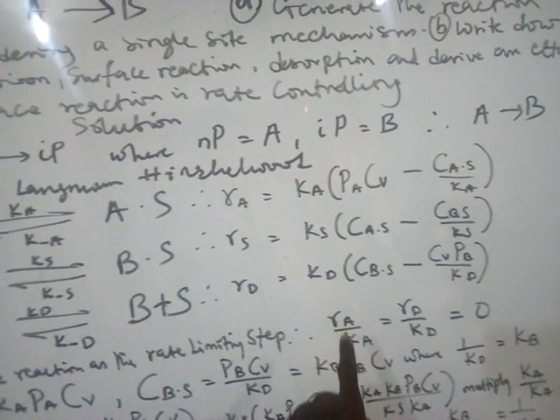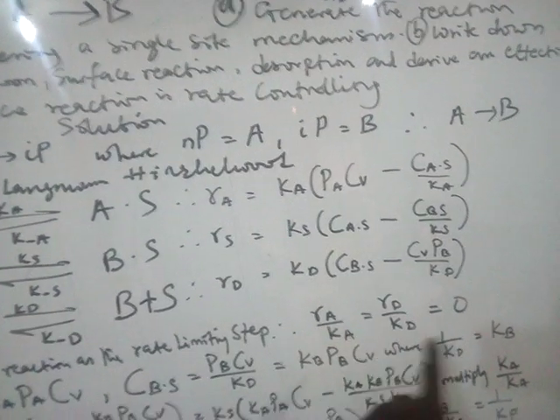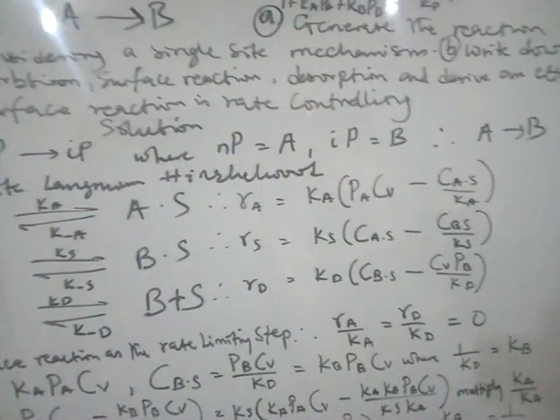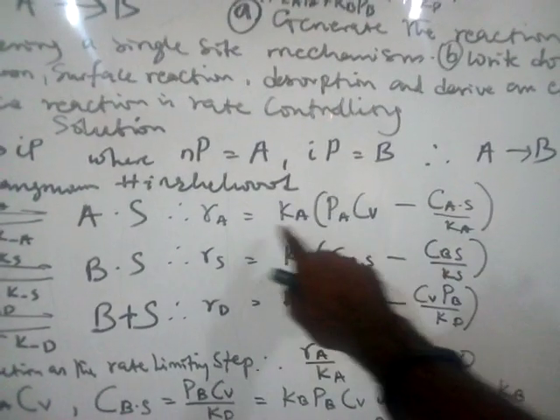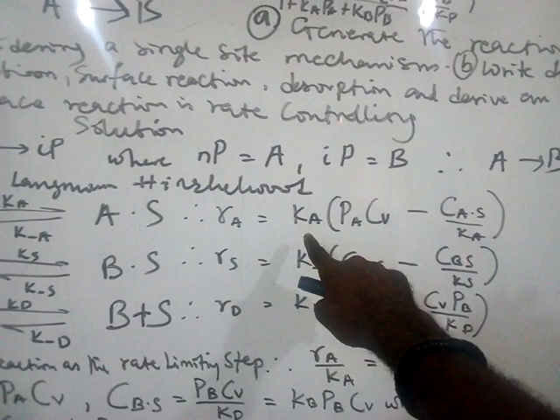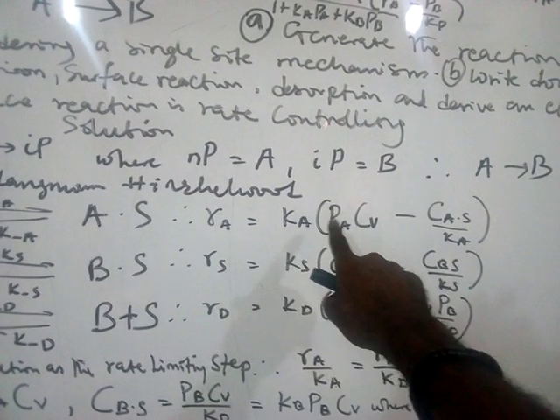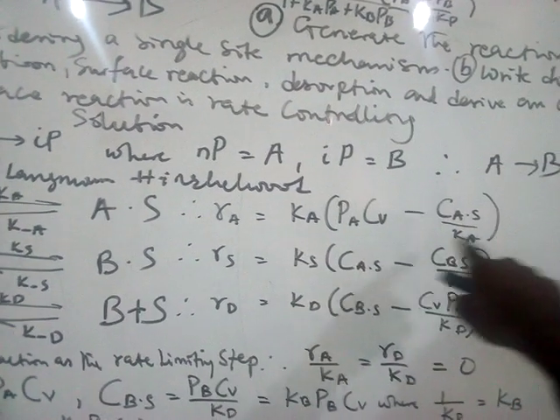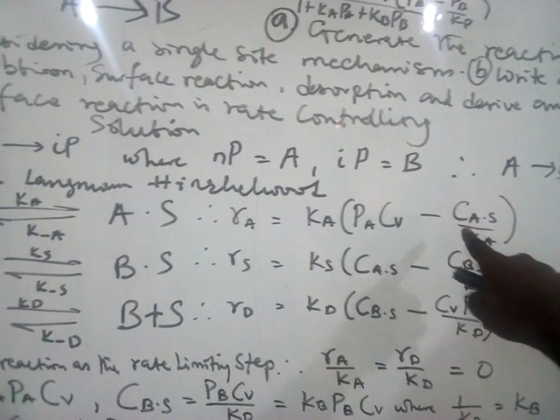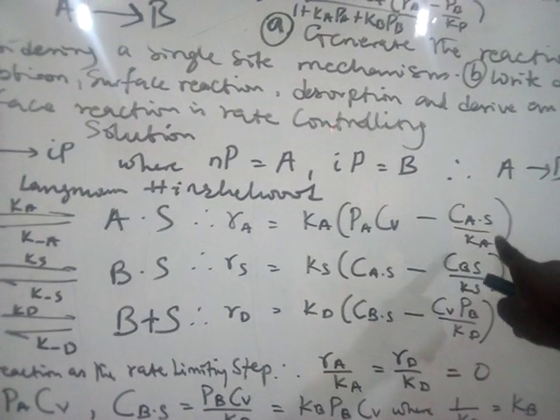And that's what we have here, RA over Ka equal to RD over Kd equal to 0. Now, having that means we can now equate RA over Ka equal to 0. That means everything inside this bracket is also equal to 0. So you can make CAS the subject of the formula so that it will simply go here. And this is what we have.